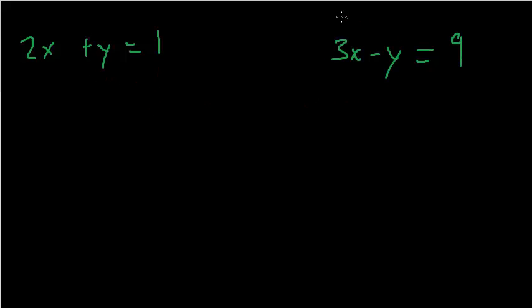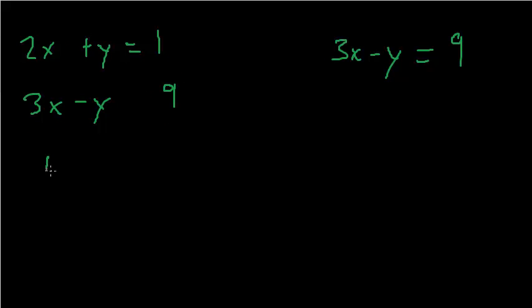Now what I see here is that 3x minus y is the same thing as 9. So if I were to add 3x minus y to the left side of this equation, I can add 9 to the right side of this equation, and I will be adding the same thing to both sides of the equal sign. So let's go ahead and do that.